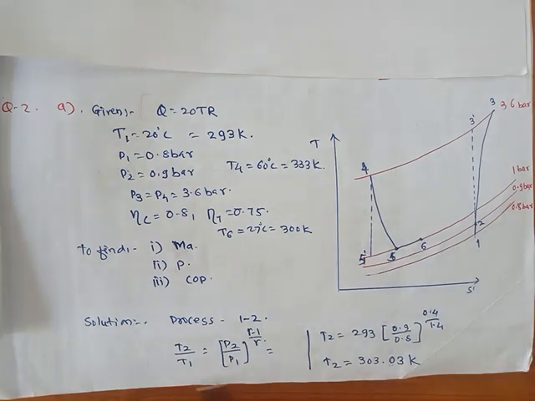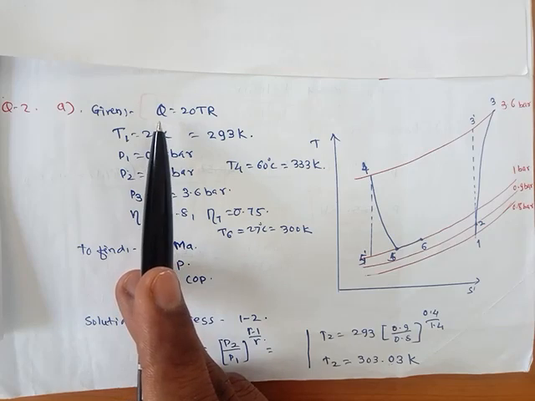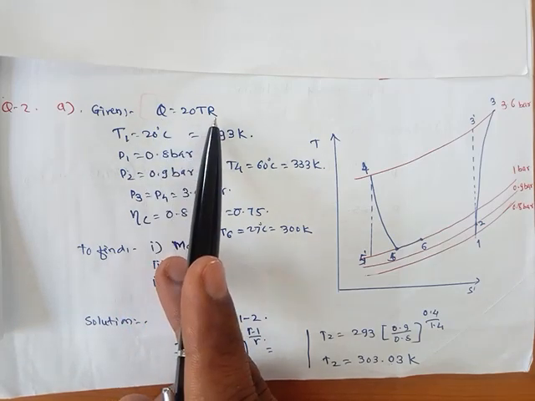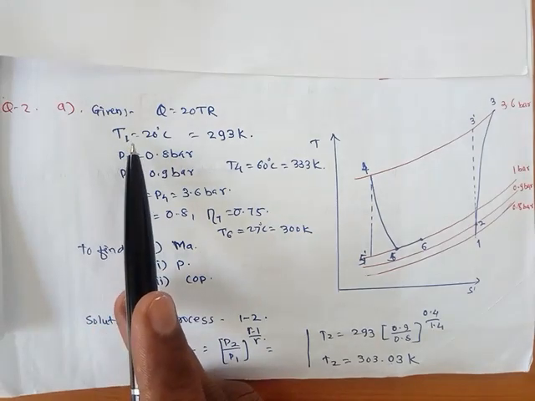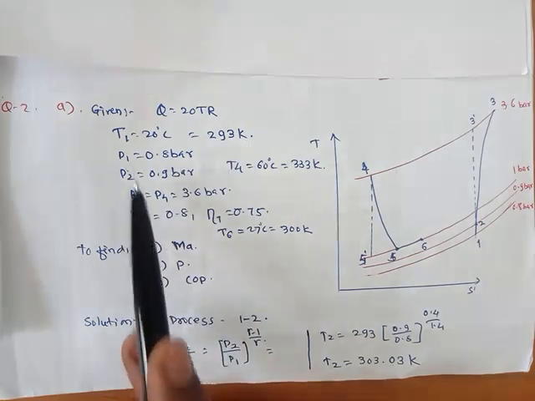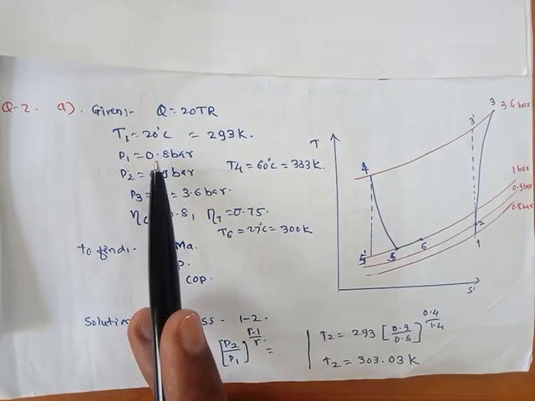Now we have given data, the capacity of the refrigeration system or the load. The refrigeration capacity Q is equal to 20 tons of refrigeration. Temperature at atmospheric condition T1 is equal to 20 degrees Celsius, that means 293 Kelvin. Pressure is 0.8 bar at the atmospheric air point.